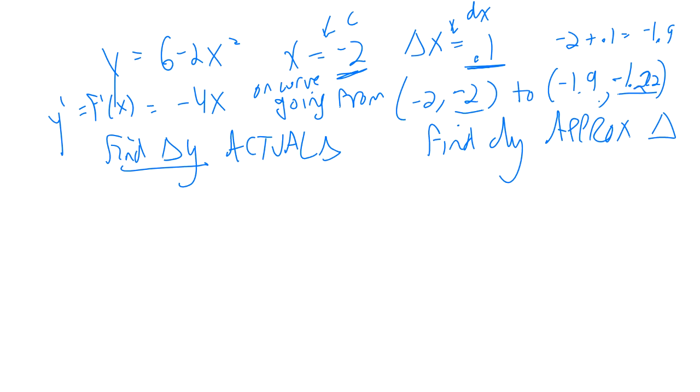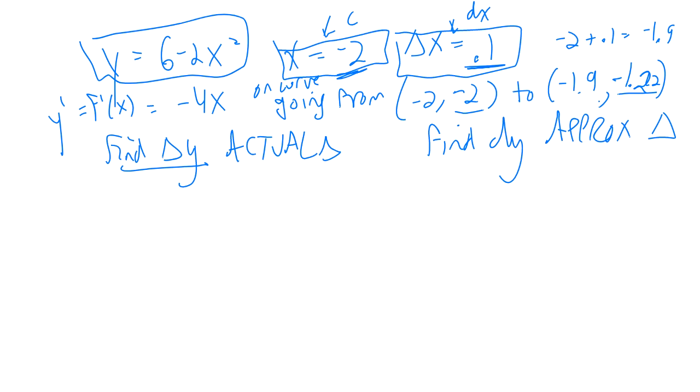So you're not given all of that information. You're given the function, you're given the x value, and you're given the delta x. So from that, you have to actually construct the fact that you're going from this point to this point.